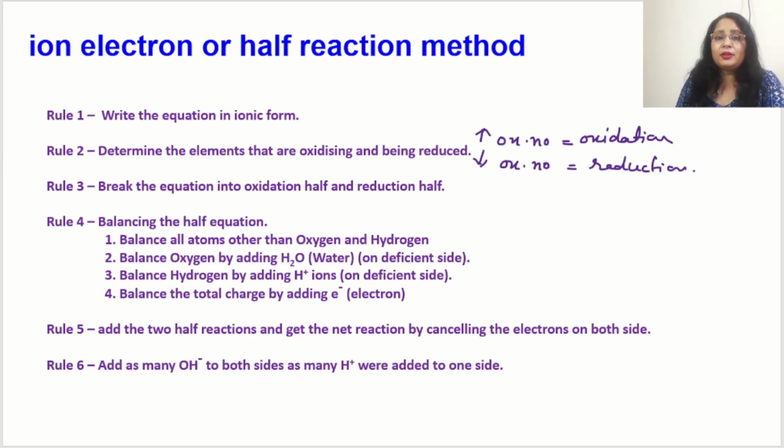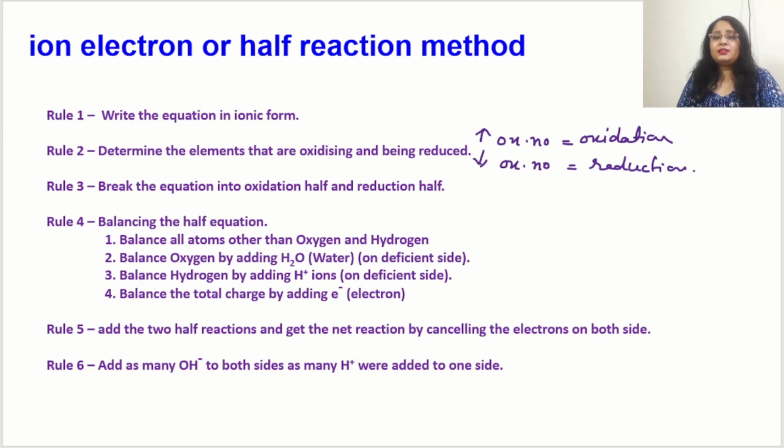Next will be balancing the hydrogen. Where there is a deficiency of hydrogen, we will add hydrogen ions. After that, we will balance the total charge on both sides. Now, after balancing these things, we will add both the half reactions.